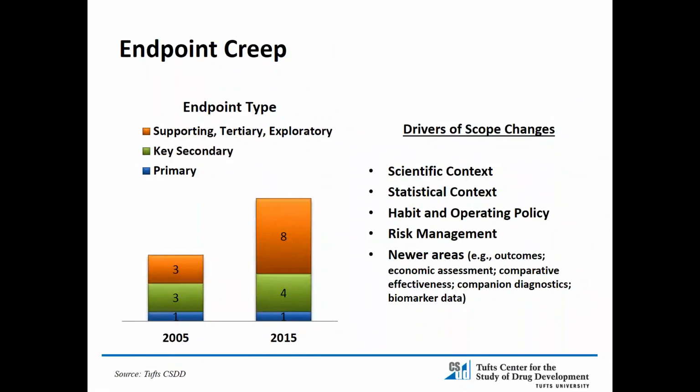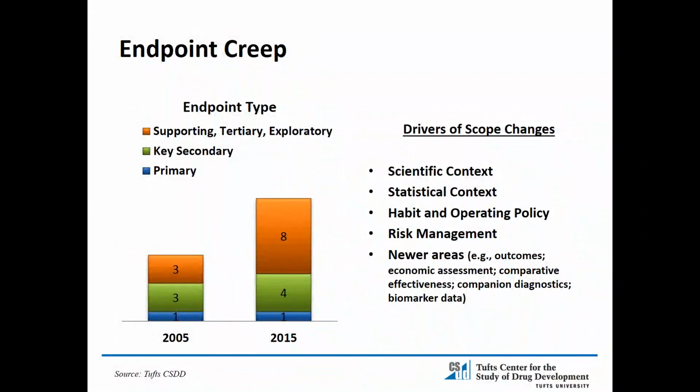Some of it is due to anticipated challenges or questions or inquiries from regulatory agencies or health authorities. And so there's a risk mitigation, risk management driver that increases our scope.